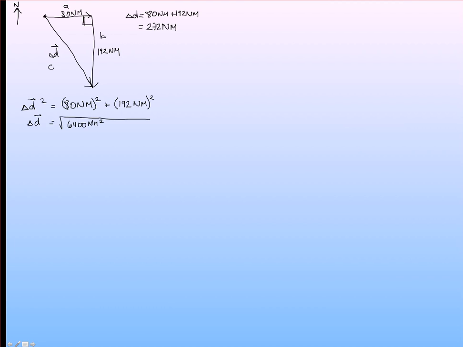The units are now squared, which is 36,864 nautical miles squared, which means that our delta d is equal to 208 nautical miles. And so the magnitude of the displacement of this boat is 208 nautical miles.